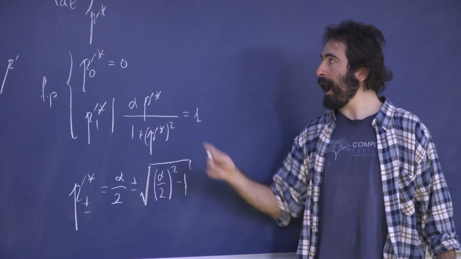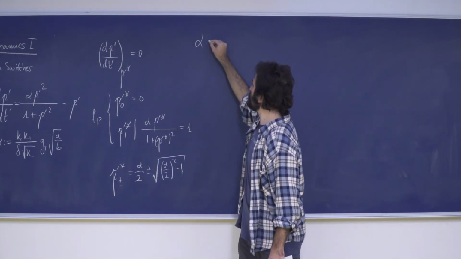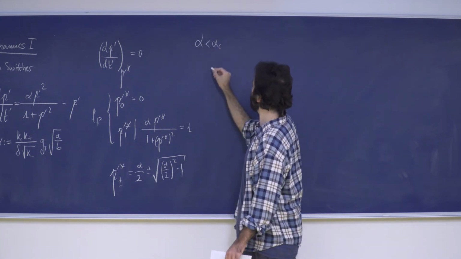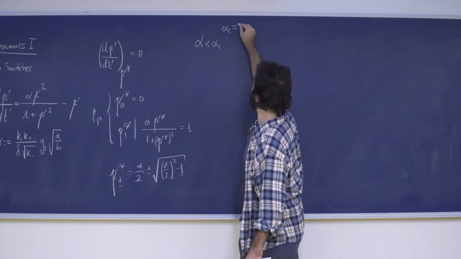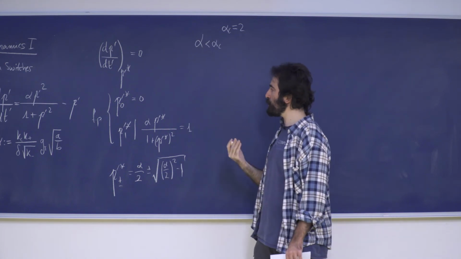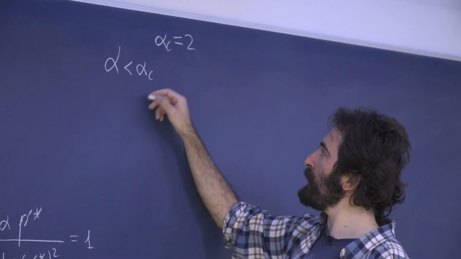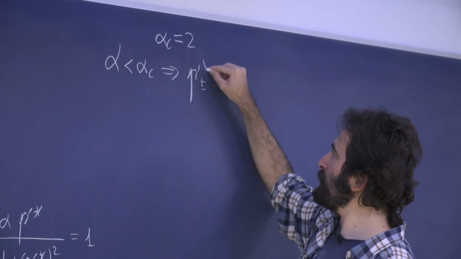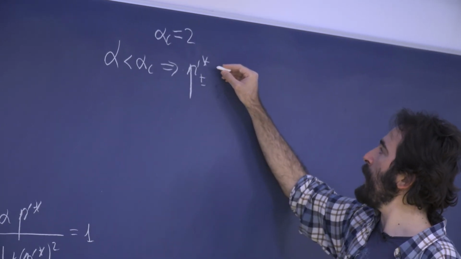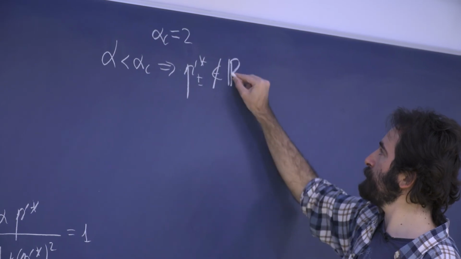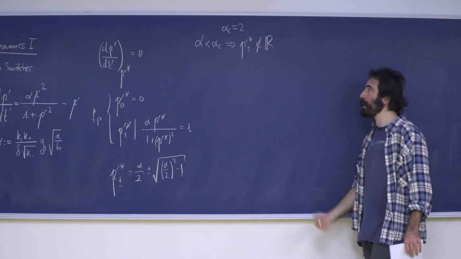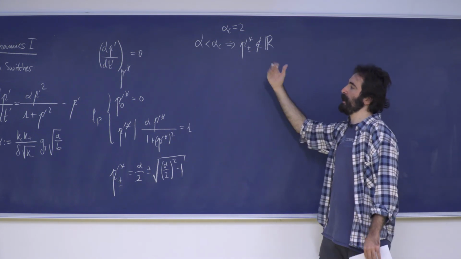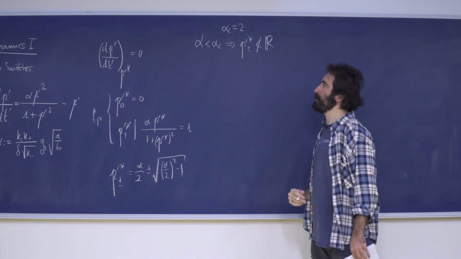Therefore, for alpha smaller than an alpha critical, and I'm going to call this critical alpha just the value 2, these fixed points P plus minus don't belong to the reals. They are complex numbers. Therefore, we cannot consider them as feasible for our problem.